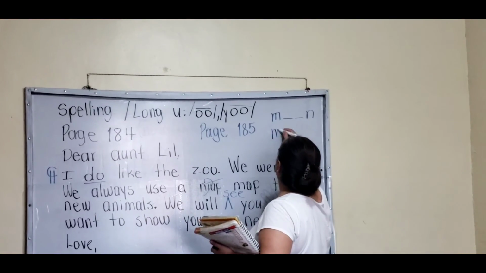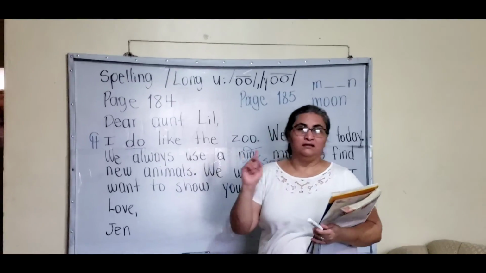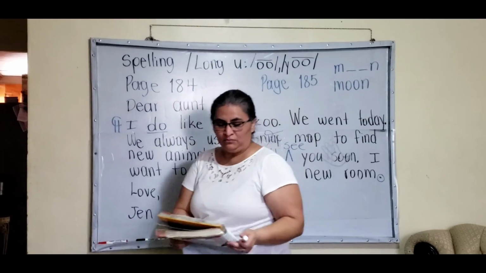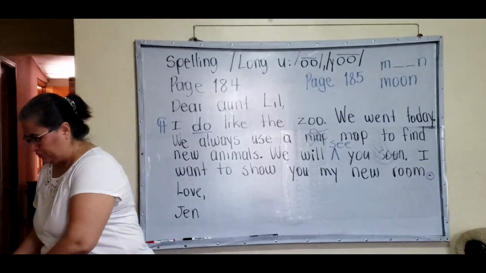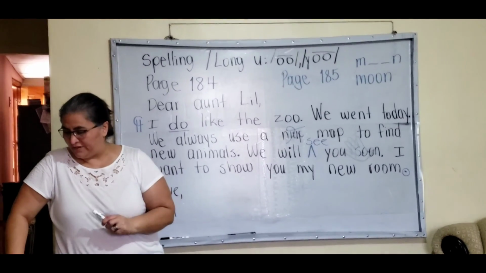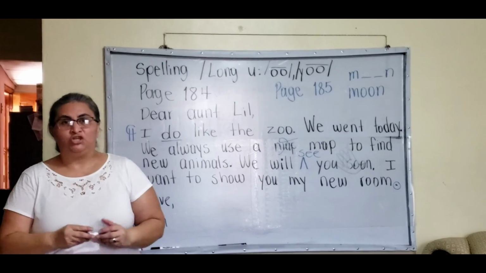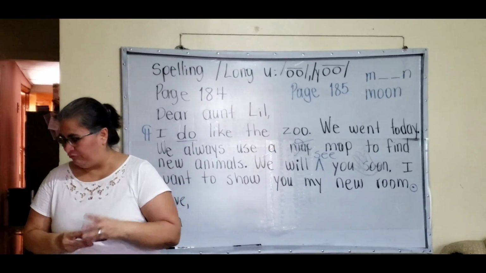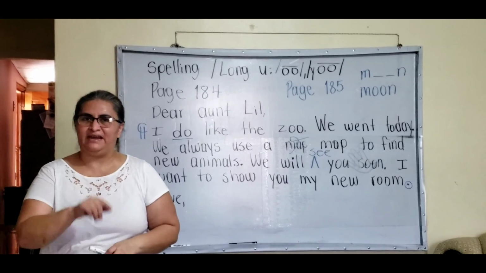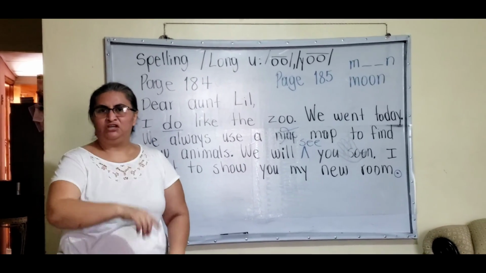It is the word moon. And like this example, you are going to complete numbers 2, 3, and 4. Then on page 186, you are going to name the pictures on that page. You have 4 pictures and you are going to write a name from the vocabulary. It's your turn to work.